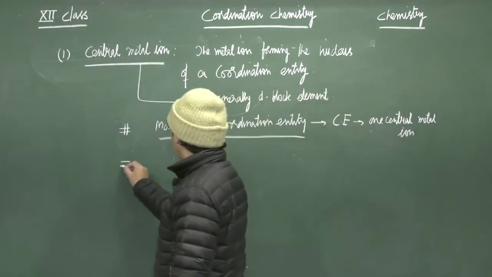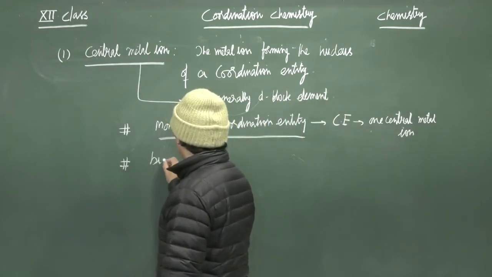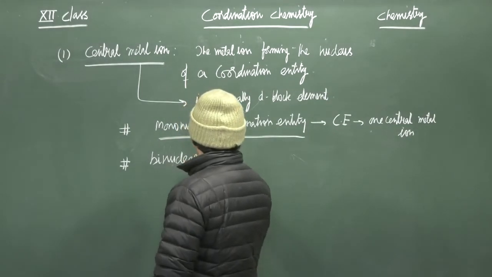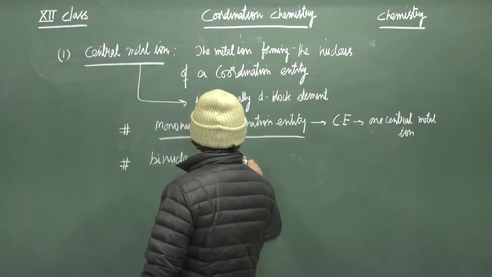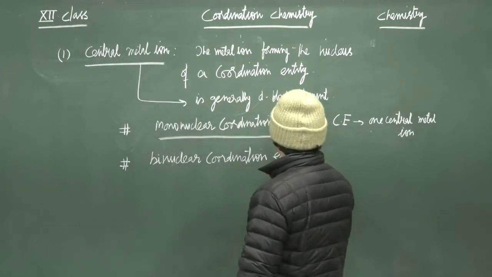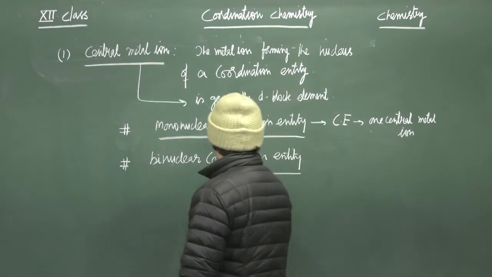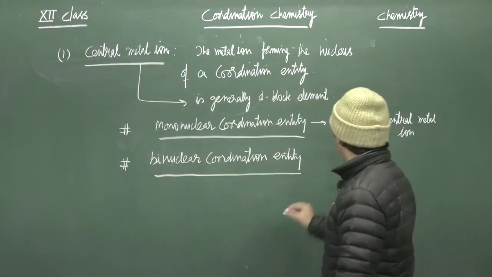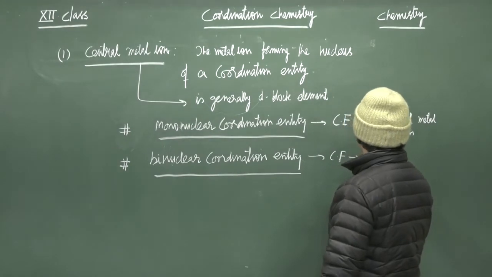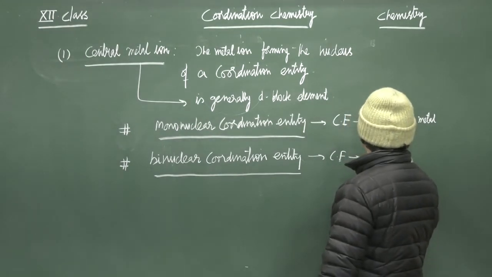You can have binuclear also. Binuclear coordination entity. What is it? It is a coordination entity having two central metal ions.